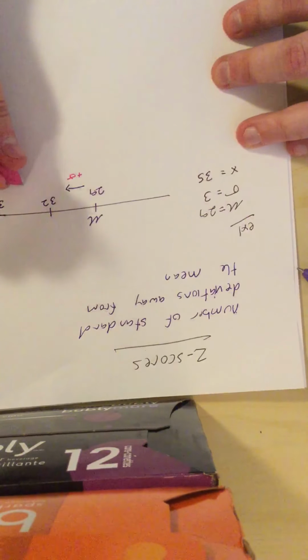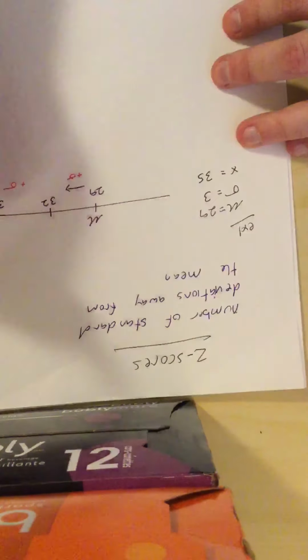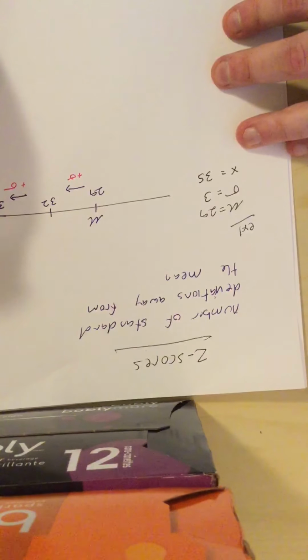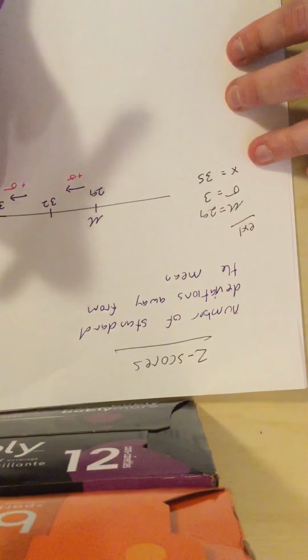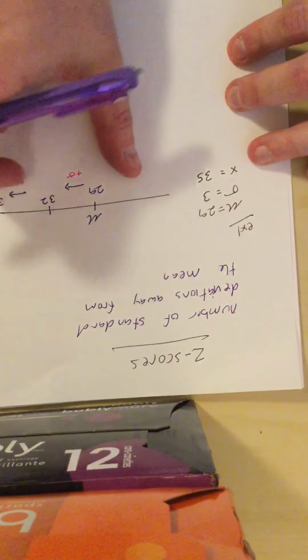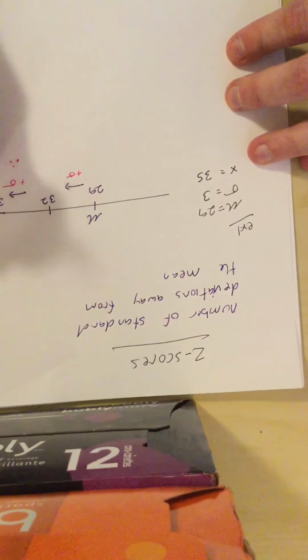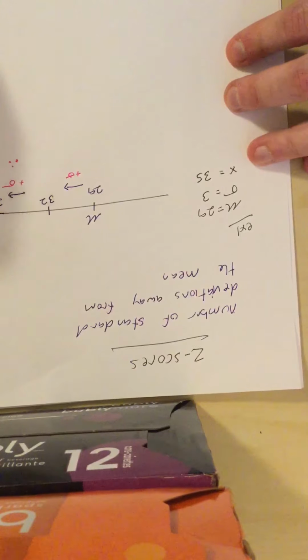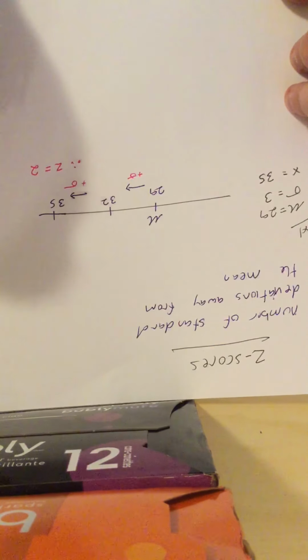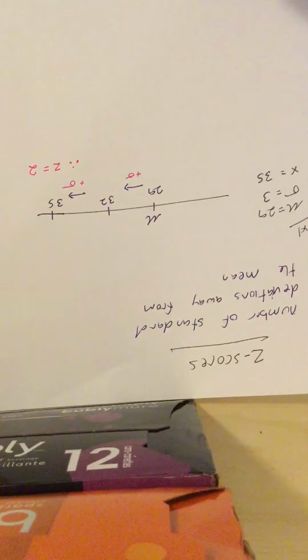So we see that 35 is 2 standard deviations above the mean. So the z-score here is 2.